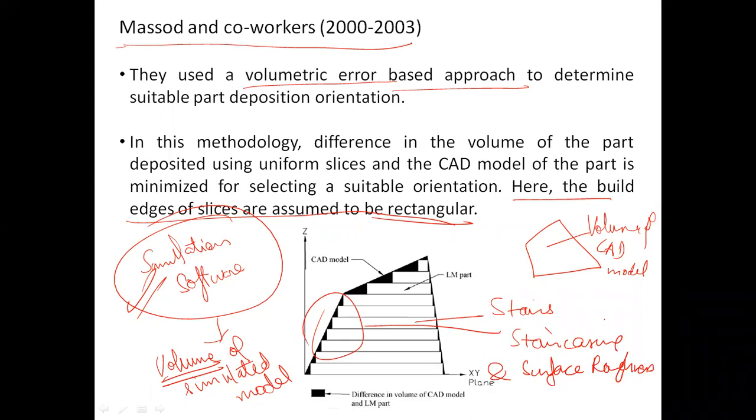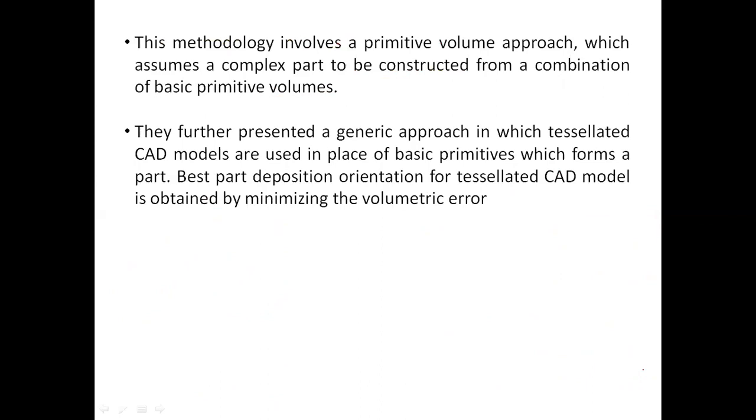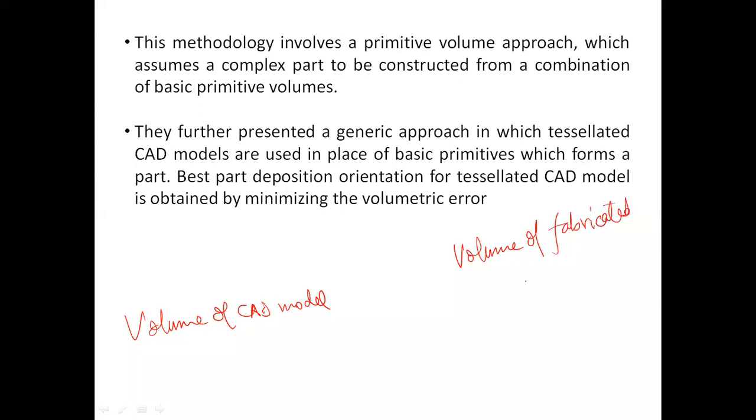So the volumetric error-based approach basically meant that you calculated the volume of the CAD model, and the volume of the fabricated model, that is simulated. That is not fabricated but simulated.